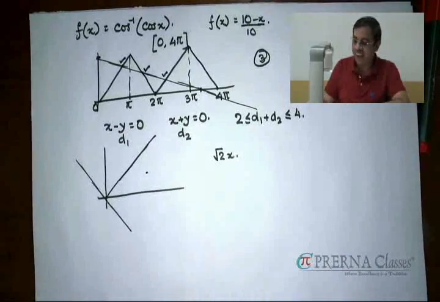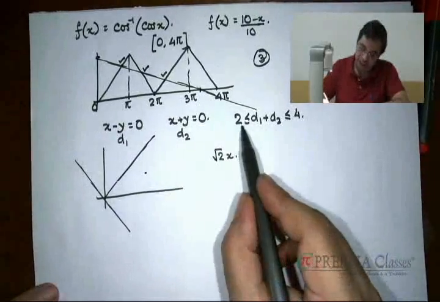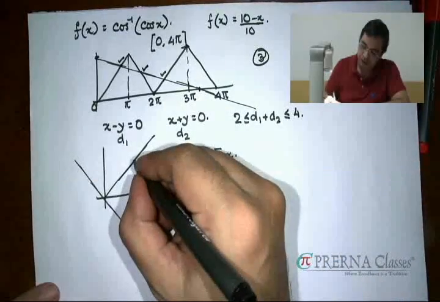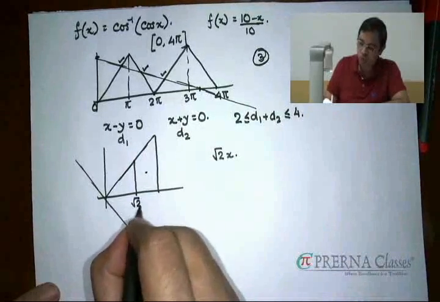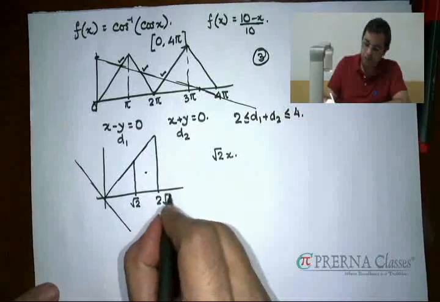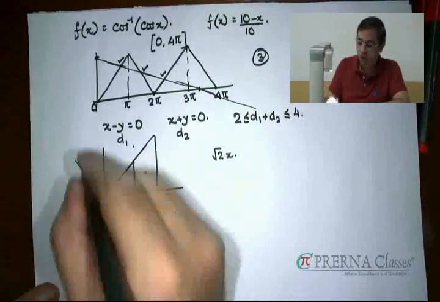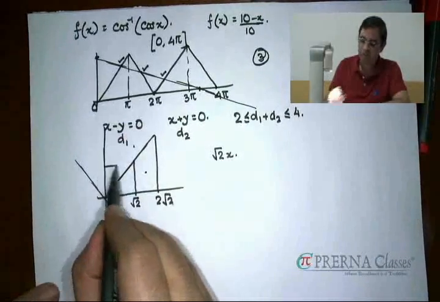Since we are looking at that between 2 and 4, that gives us the x coordinate should lie between root 2 and 2. In this region, we would similarly find that it is going to be symmetrically this.